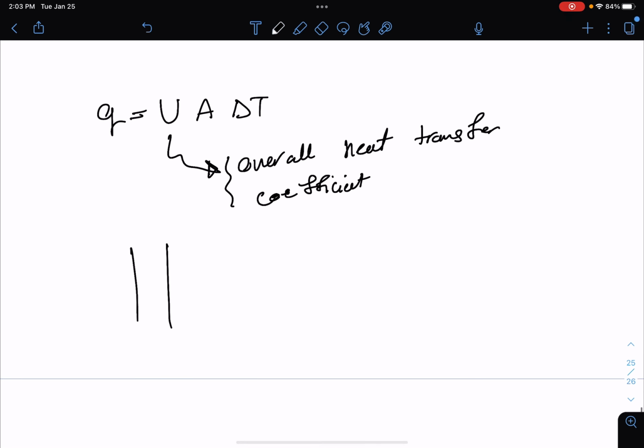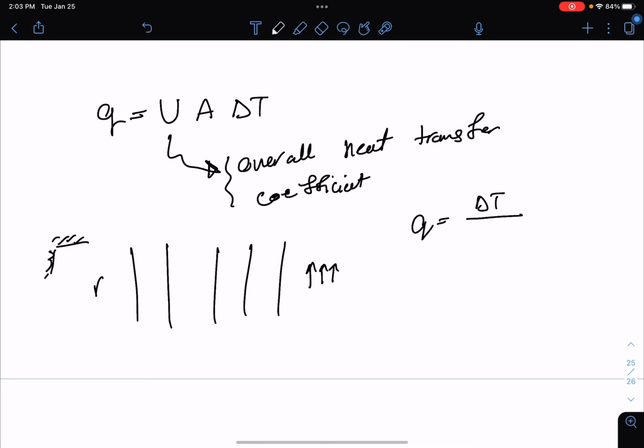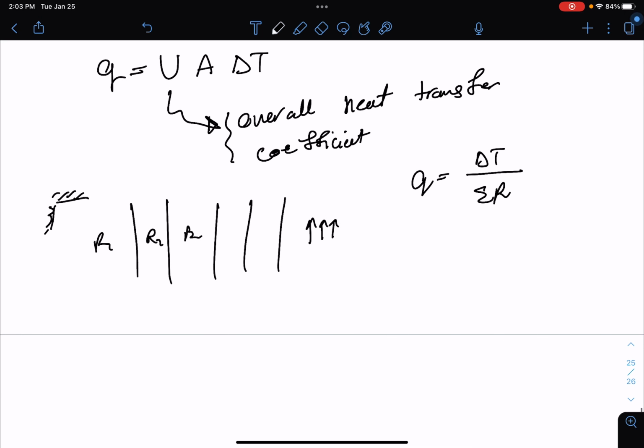So let's say you have a system of a four-layered wall. You have convection on one side, and you have radiation on the other side. Q here is going to be delta T divided by R1, R2, R3, R5, whatever. How many R's you have? As many R's as you have, right? Sigma R, right?